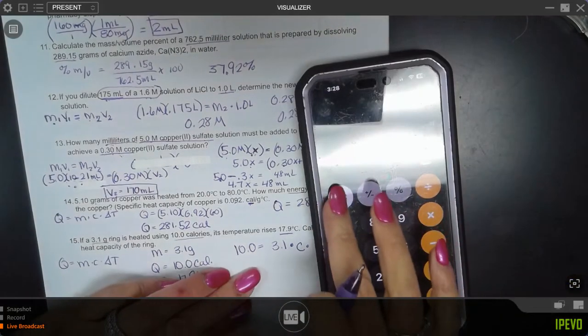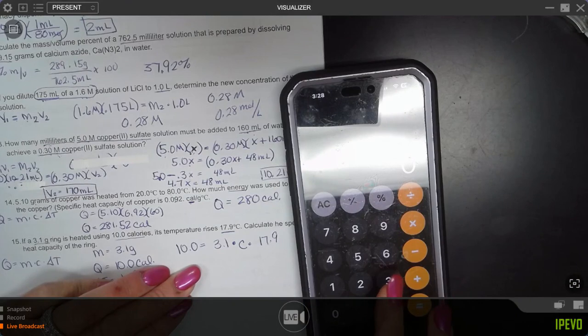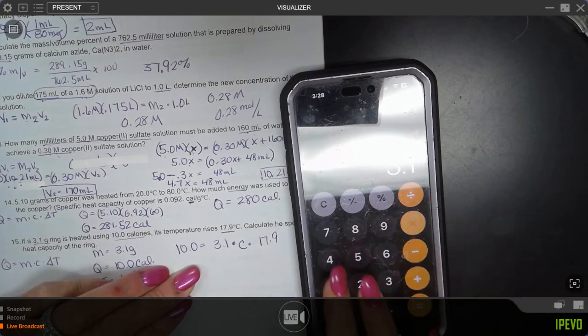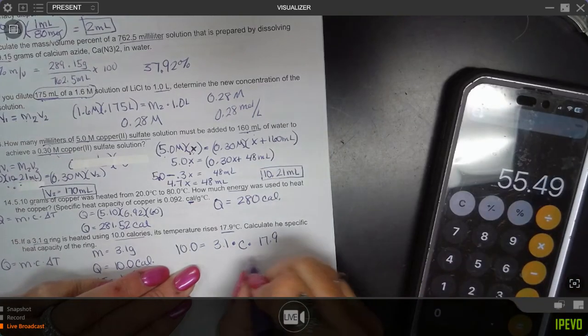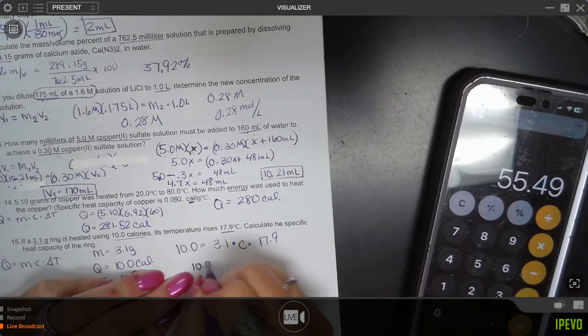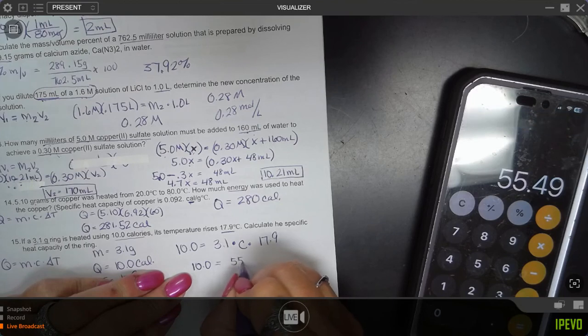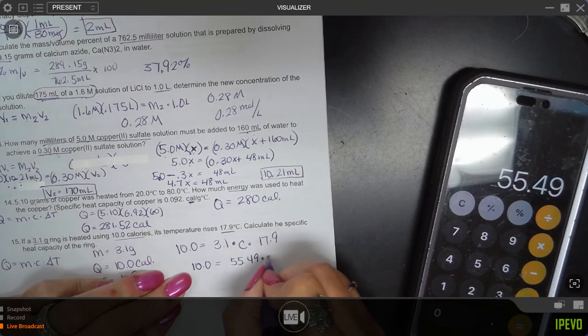So let's plug this into the calculator. 3.1 times 17.9 is 55.49. So 10 is equal to 55.49 times C. All right.